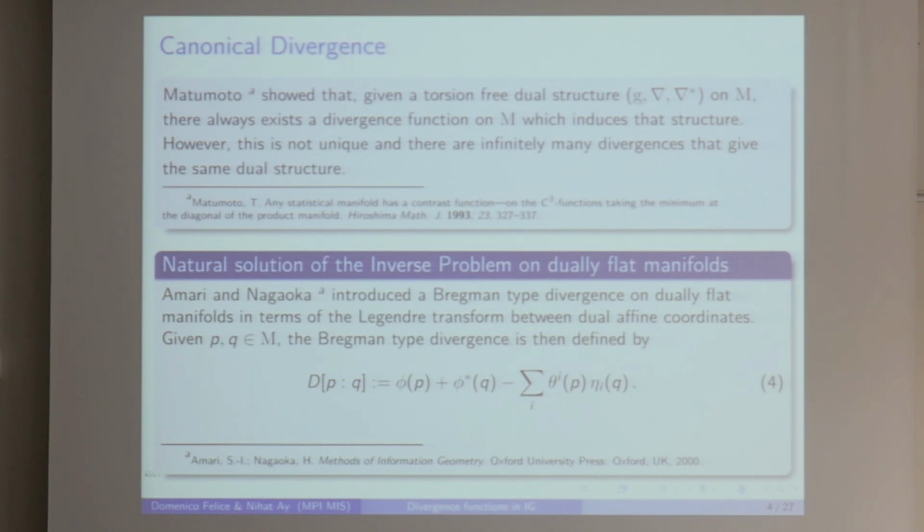A dually flat manifold is a particular kind of statistical manifold that has to be torsion-free and curvature-free. This divergence is given in terms of the Legendre transform between the dual affine coordinates. And this is the natural solution of the inverse problem on dually flat manifolds.